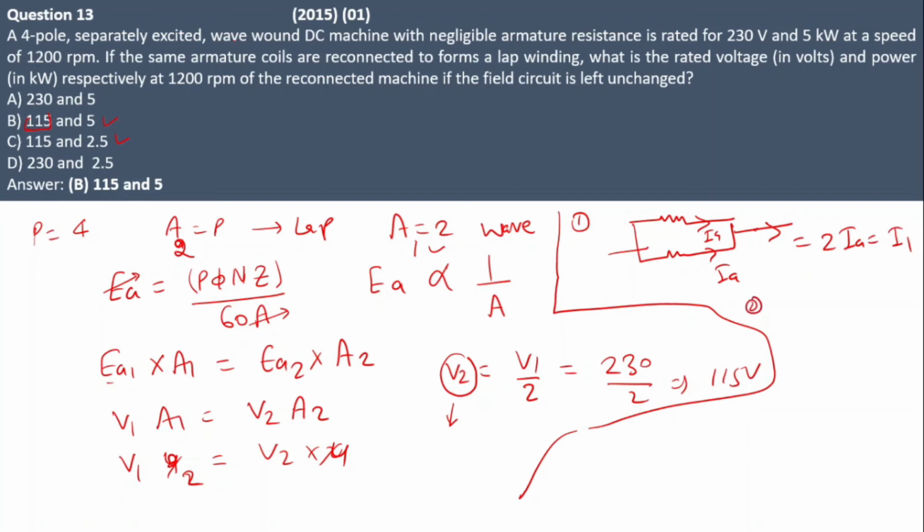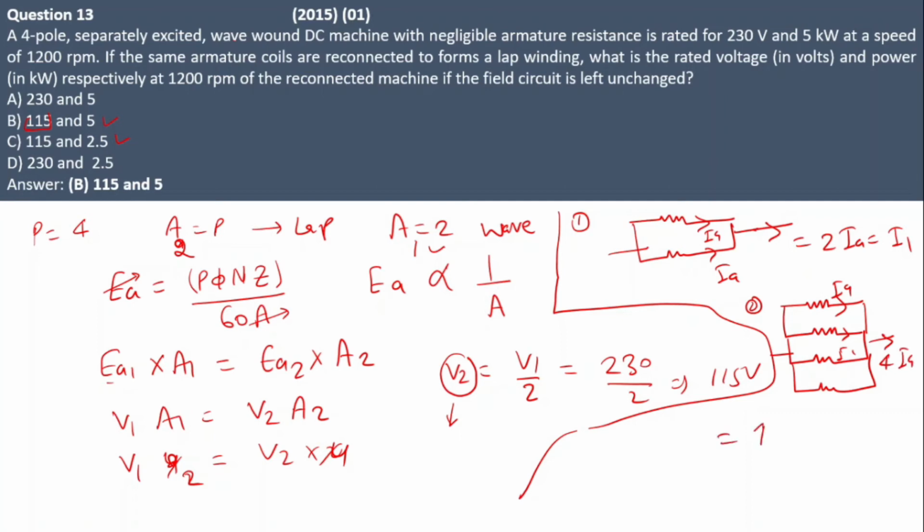In the next case you get 4 parallel paths, because A equal to 4, so winding is connected in this fashion, so you get IA, IA, IA, IA, so you get 4 IA.